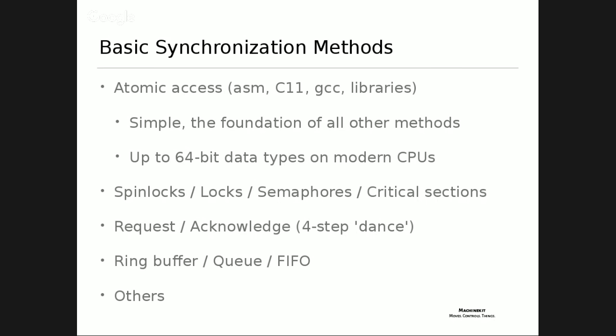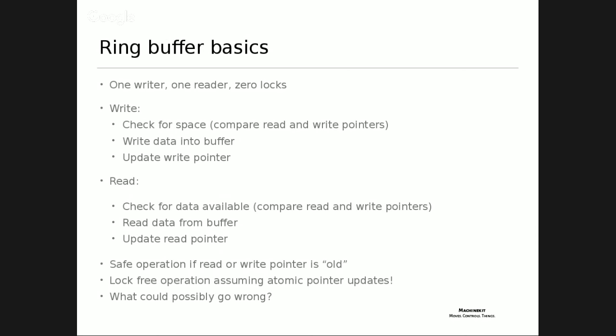And there are a very large number of other options as well. We're not going to even come close to talking about everything. So, ring buffer basics, we'll go through this pretty quickly. You can pick up any standard basic computer text and it will go through the details of a ring buffer. This is a very simple version. There's one writer and one reader.